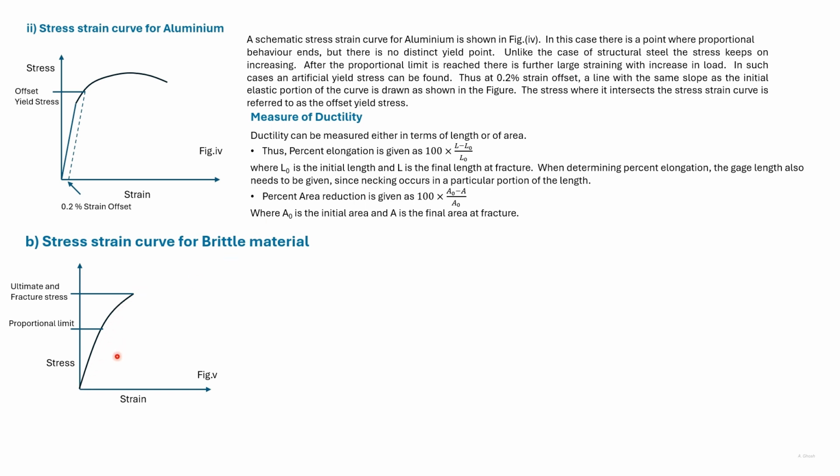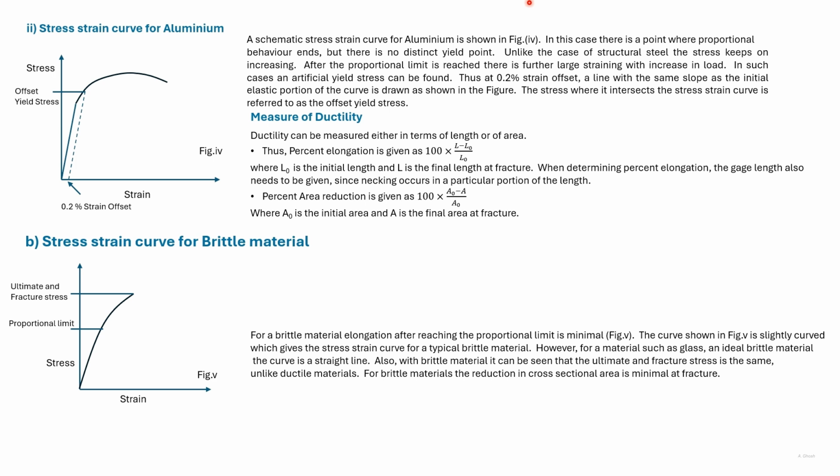In brittle material, ultimate and fracture stress is the same. This is different from ductile material. The change in cross-sectional area at failure is minimal for a brittle material. Also, the strain is small at failure.